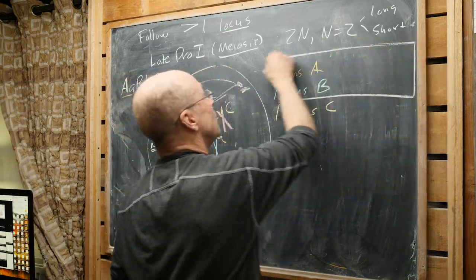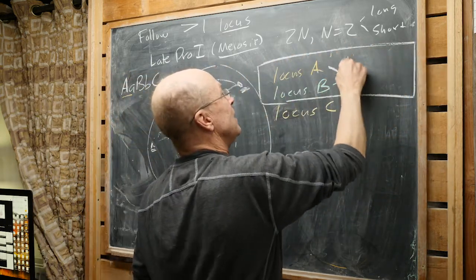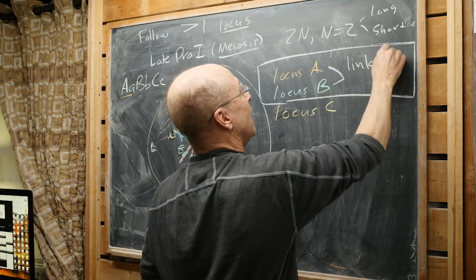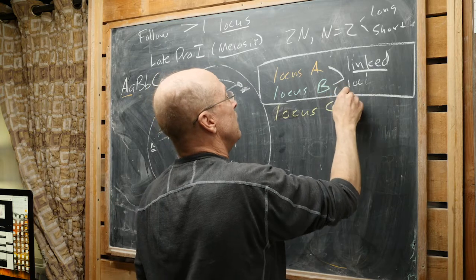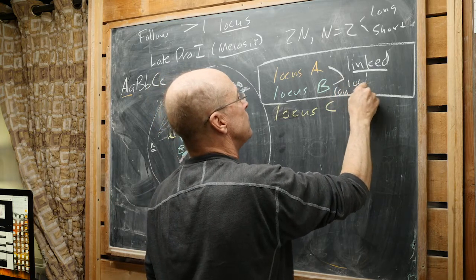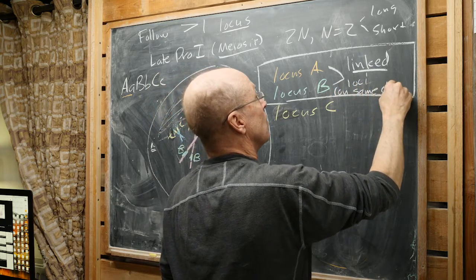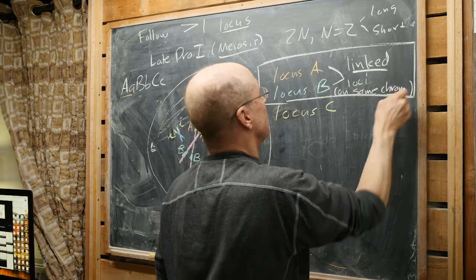These are linked loci. Linked means they're on the same chromosome, which I'm abbreviating.